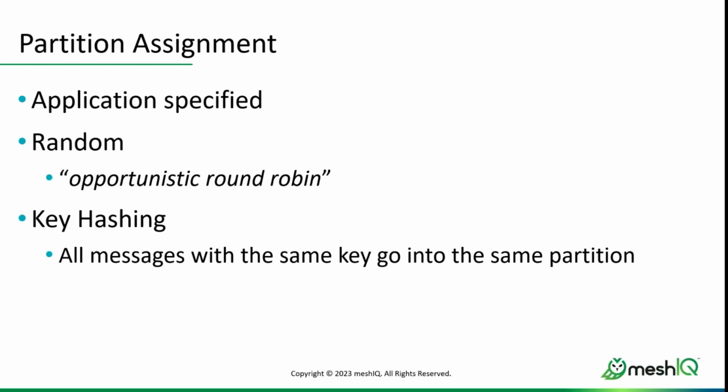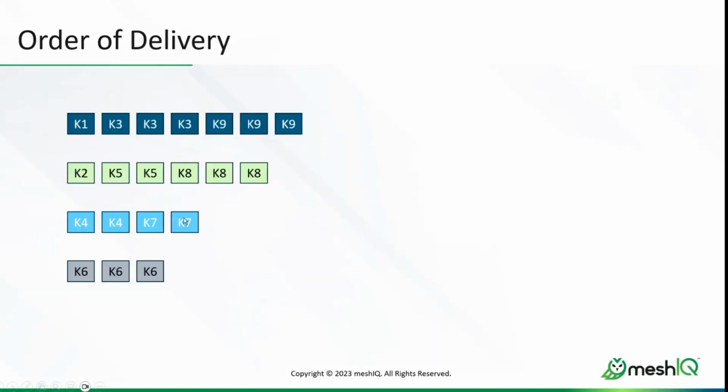So if you wanted to read the PO and the acknowledgement and the different messages that came in, you could read them all and you would find them all on the same partition. So that's again an example of that.